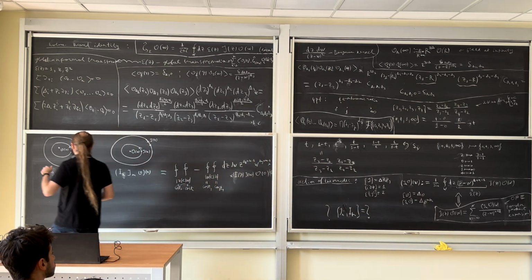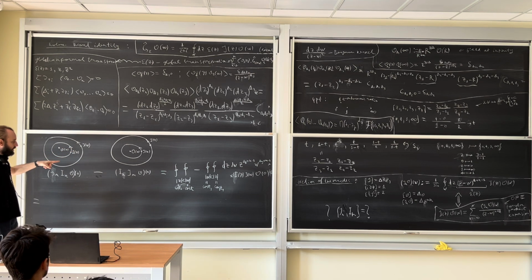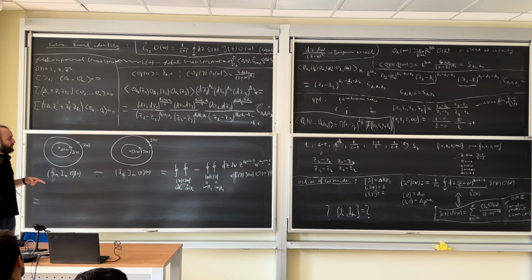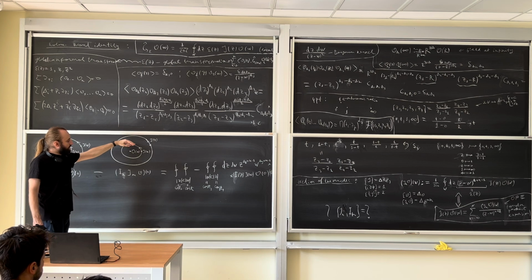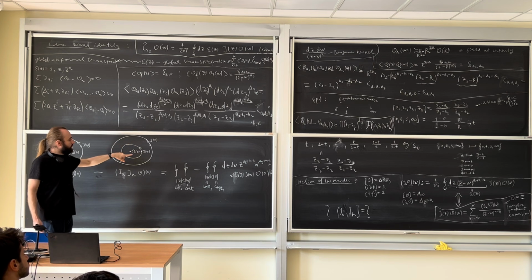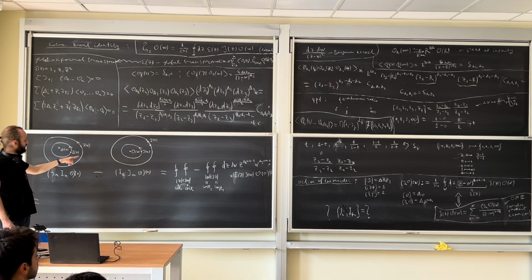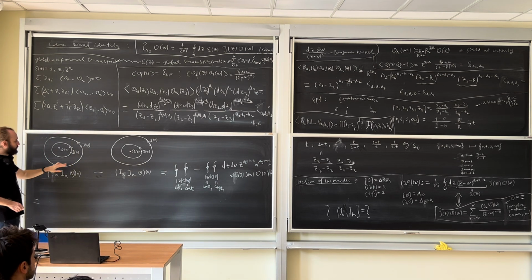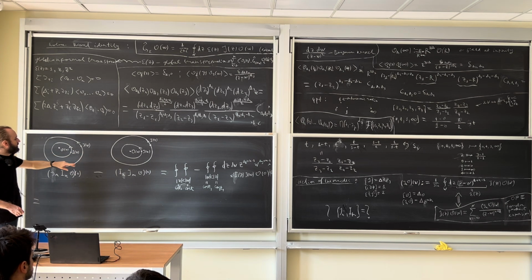And now there is a standard argument that if we want to compute this commutator, we need to try to pull one shell through the other one. So let us try to do this with this one. We want to pull this integration contour through this one to make these integrals the same.